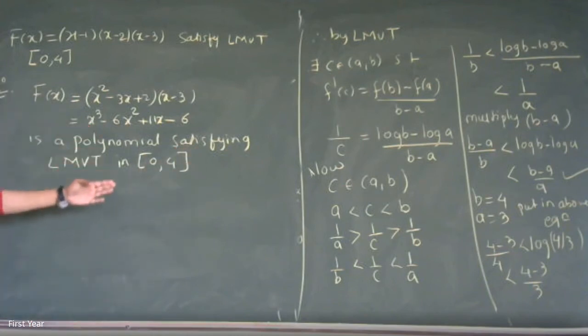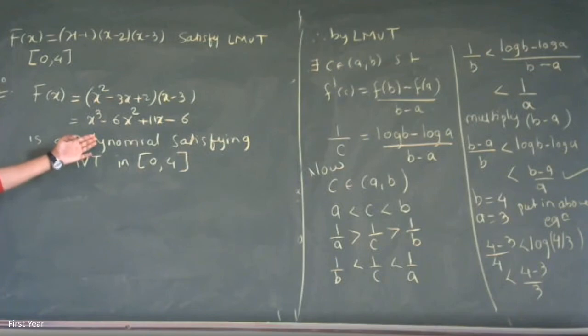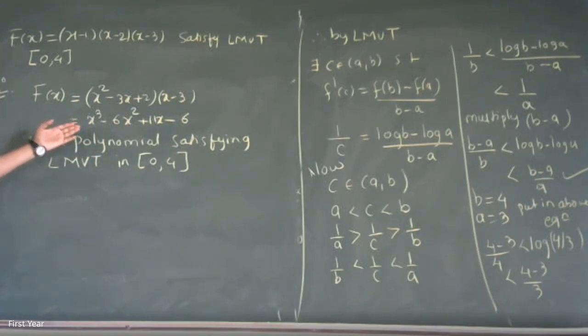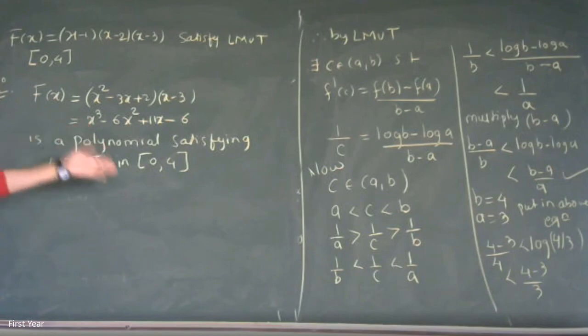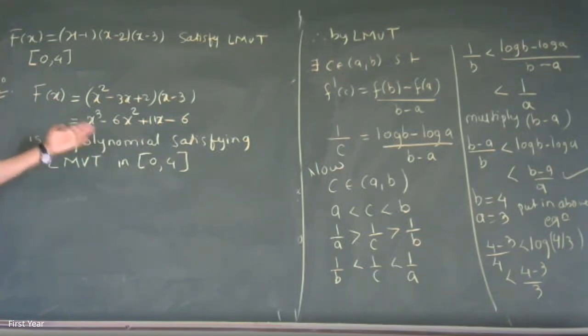What is the speciality of this interval? It should not become infinite. If it takes an infinite value, then it is undefined. But it is not taking an infinite value for any value. At the most it can become 0 if it has a root in that interval. Otherwise x is not going to infinity, so this will never become infinite. Clear? So it satisfies LMVT.